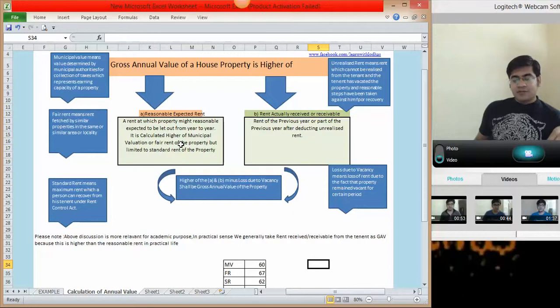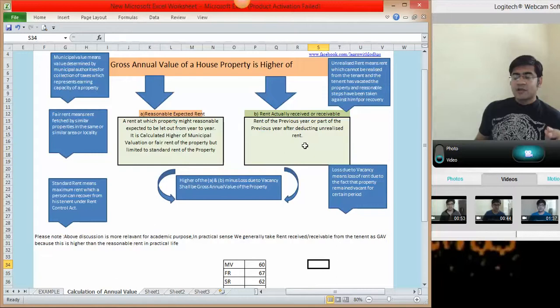Once we have reached this figure, we need to calculate the rent actually received or receivable, that is AR. This is the 12 months figure of rent actually received or receivable minus any unrealized rent. This is different from loss due to vacancy. Please understand this, because unrealized rent means the tenant has occupied the property but has not given us the rent.